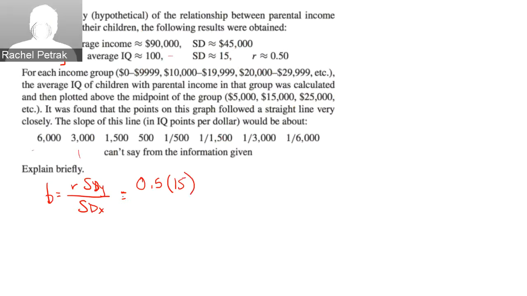And so our standard deviation is 15. That makes sense because we know IQ has a mean of 100 and a standard deviation of 15, because we've looked at IQ data multiple times already. And we'll put that over our standard deviation of X, which was 45,000.